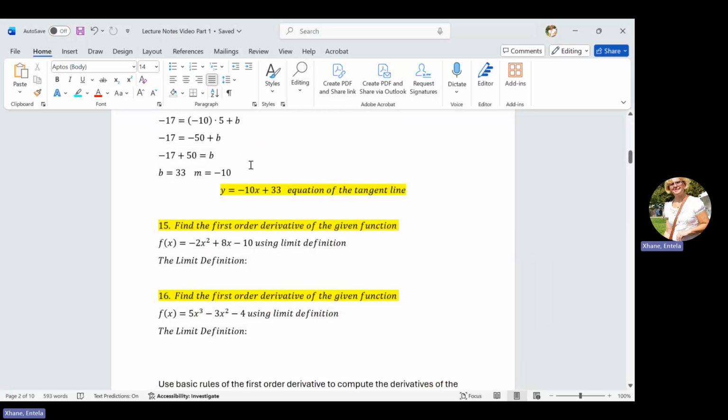You can mimic the way I computed the first order derivative using the limit definition in the previous example, and try to do it on your own for number 15. I will revisit it, so let me write this down, please. Now you try it.